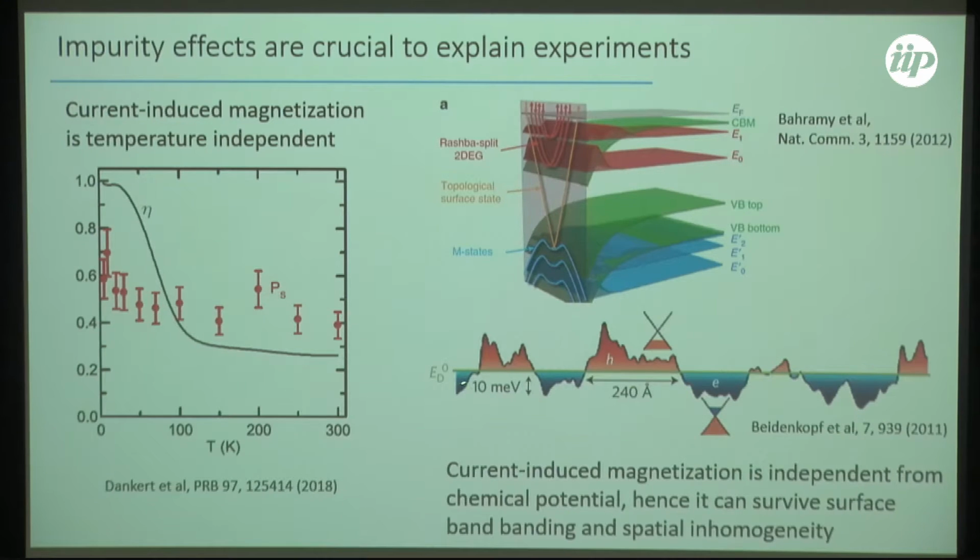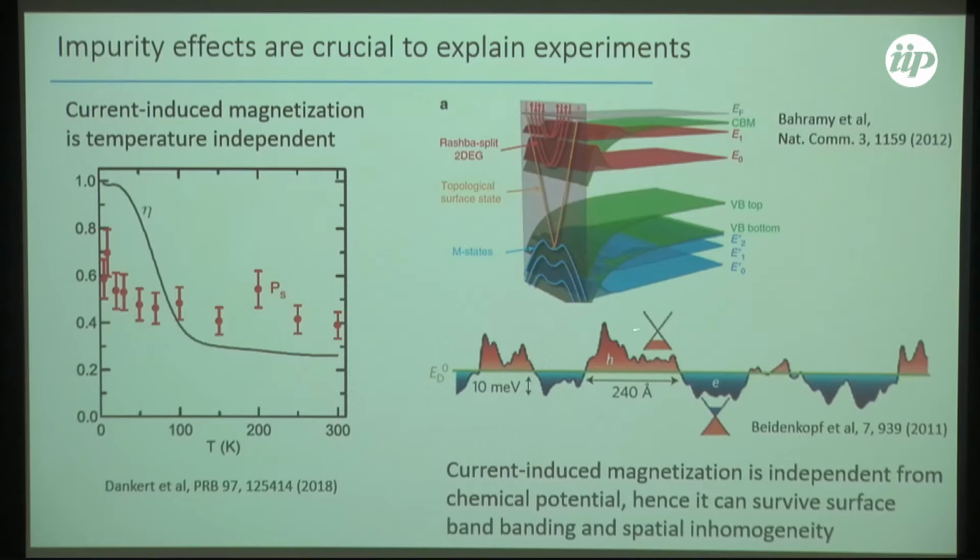And moreover, these STM results in Yazdani's group show that at the surface, you have hole-rich puddles and also electron-rich puddles. In other words, the chemical potentials are varying locally.